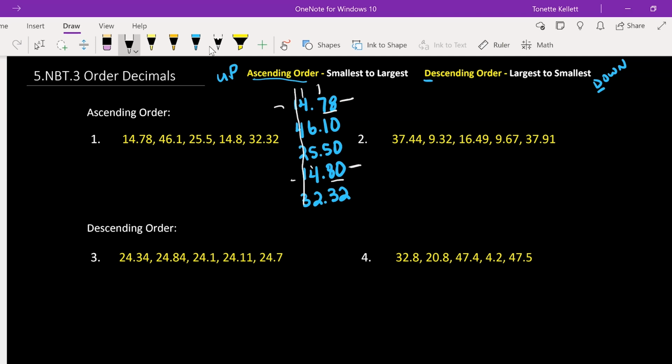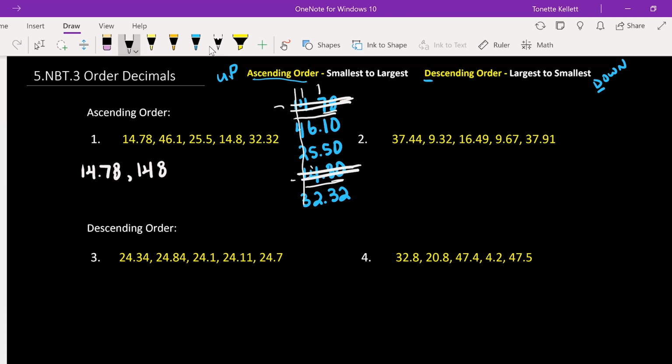Now I'm just looking at the 14.78 and the 14.80. The 7 or the 8, which is smaller? It would be the 7. So I'm going to write 14.78 first, and I'm going to cross it off over here. Then I'm going to write 14.80, or 14.8 actually, because it doesn't need to have the extra 0.